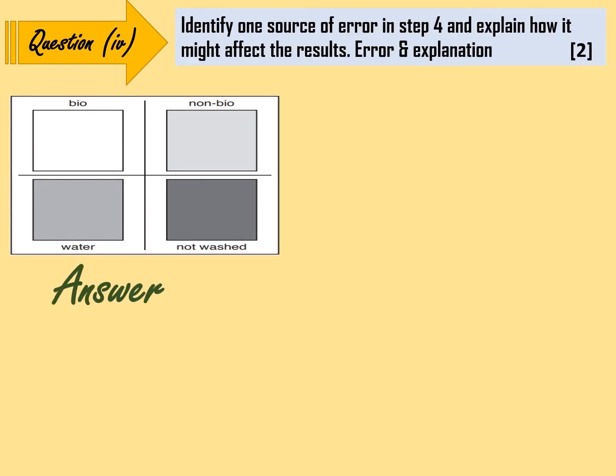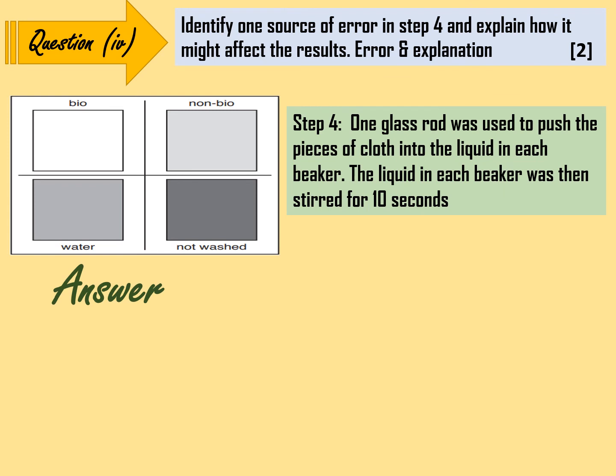And next is question number 4. Identify one source of error in step number 4 and explain how it might affect the results. You are supposed to identify the error and explain. Step number 4 includes that one glass rod was used. Just remember when we were reading the investigation, we underlined the words one glass rod.